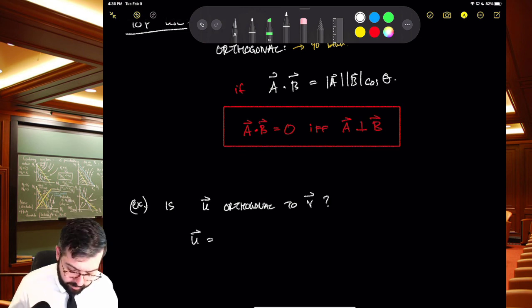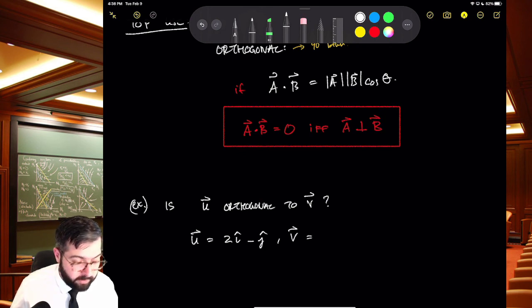So if u is 2i minus j, and v is negative 1/2 i plus 1/4 j.